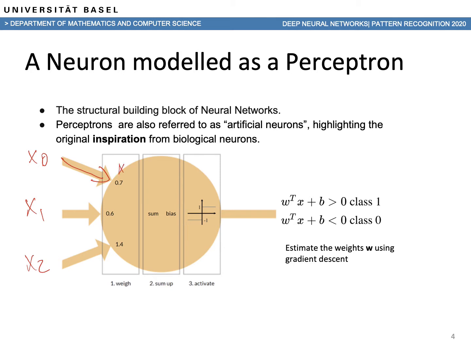So here we'll have x0 multiplied by 0.7, here x1 multiplied by 0.6, and so on. And then we're summing up all of these inside the neuron. And finally, we have some kind of activation.